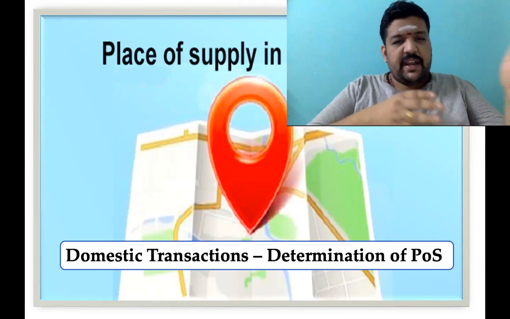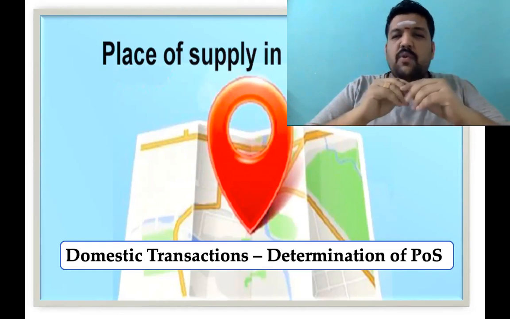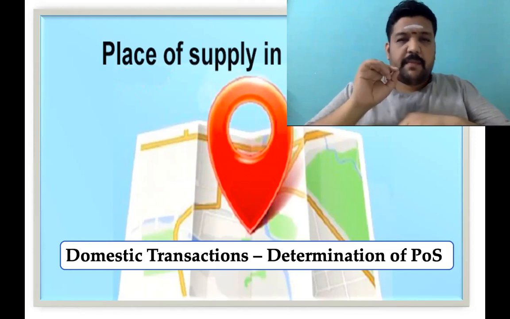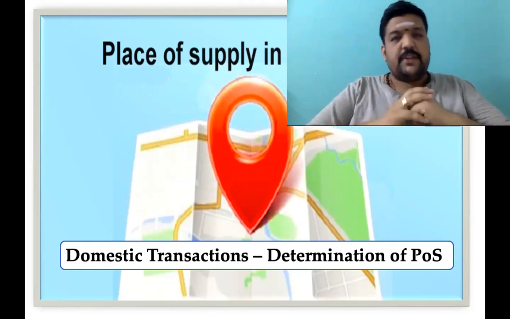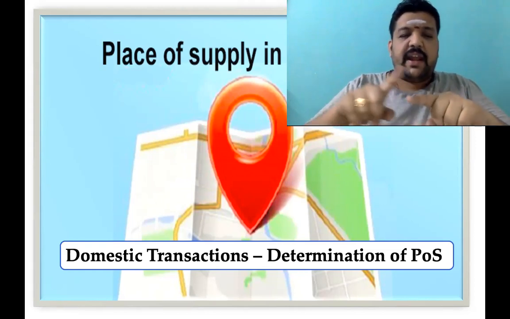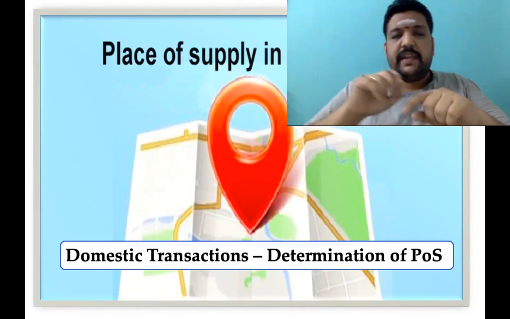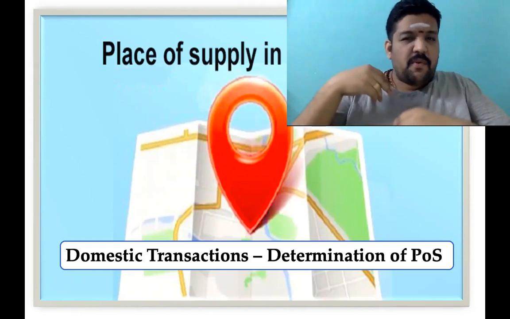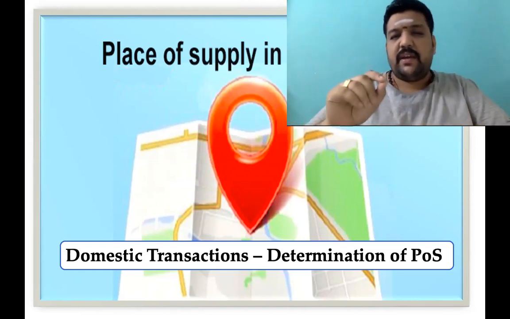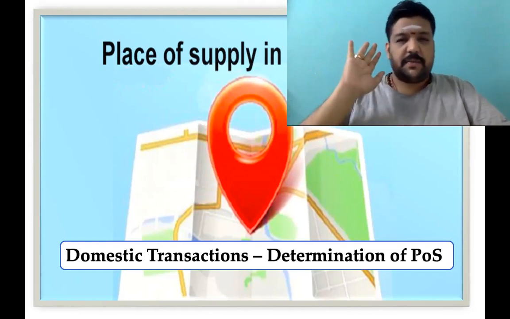Sections 10 and 12 concentrate more on activities that happen within India, so they can be called domestic transactions. Sections 11 and 13 concentrate more on transactions between countries, so they would be termed international transactions.